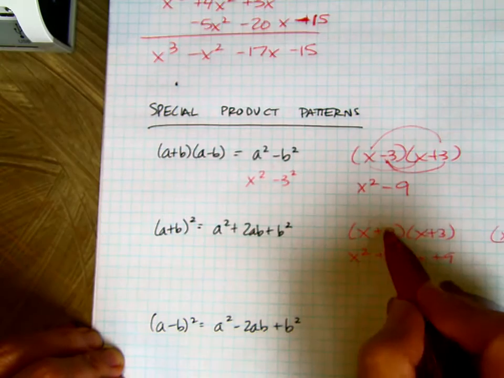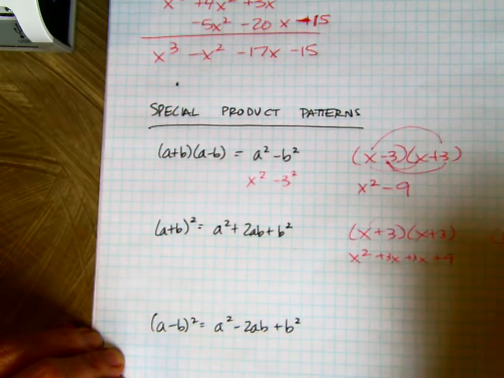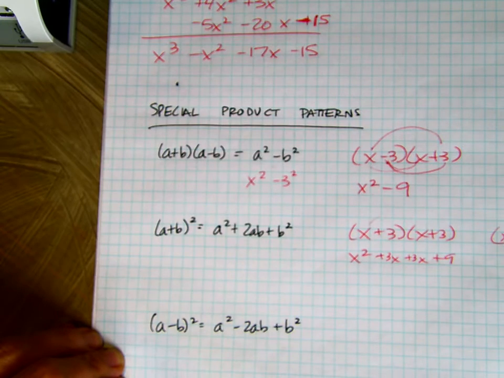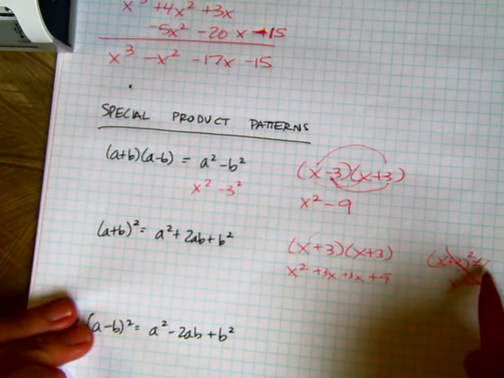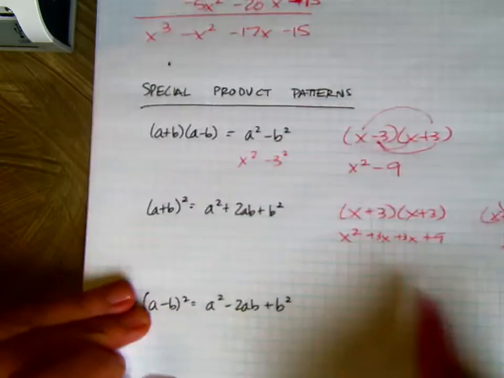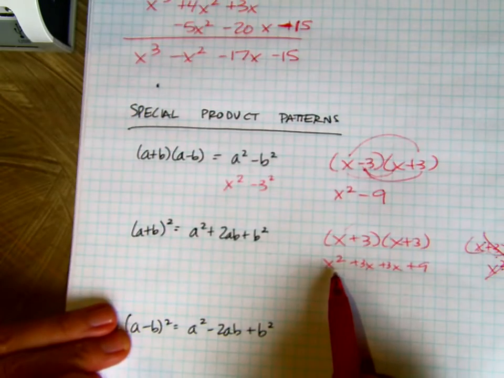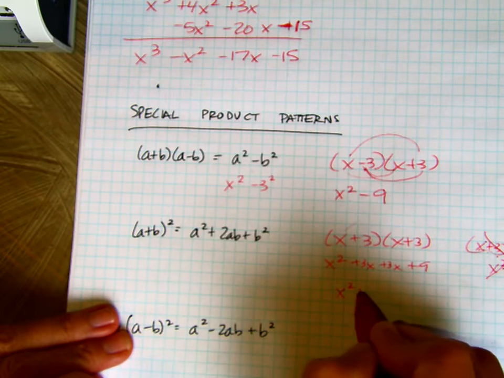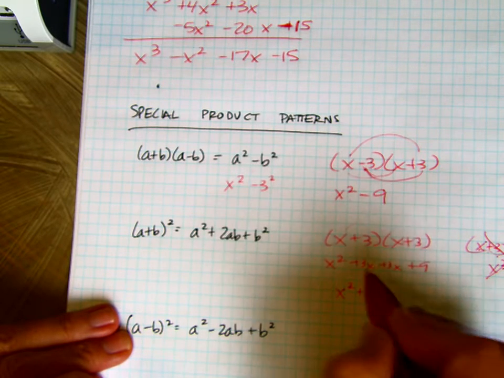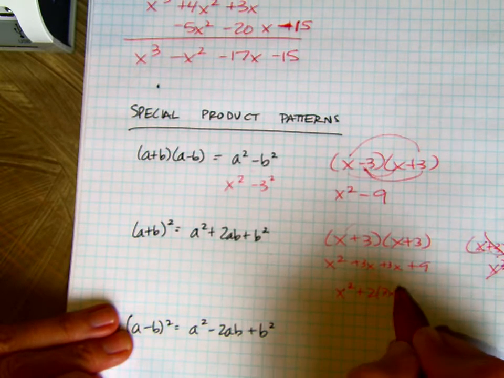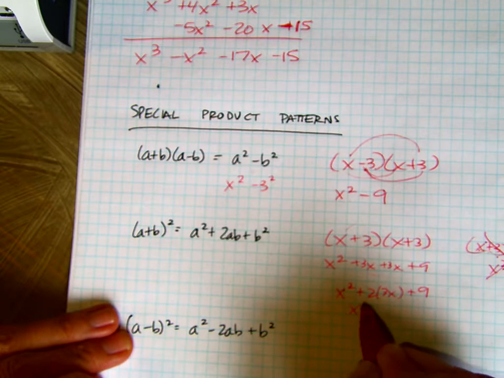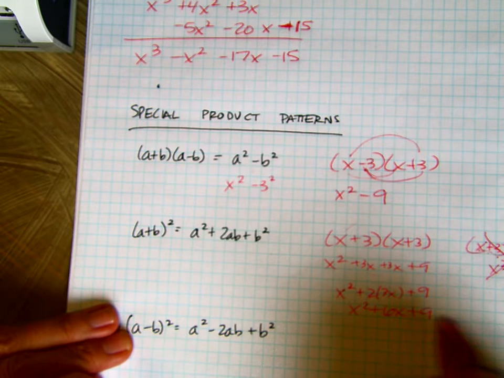Never is going to happen, because you're going to have an outer and an inner term. That is why x plus 3 squared is not x squared plus 9. So you get an x squared plus 2 of these. I have 2 3x's. So that's x squared plus 6x plus 9.